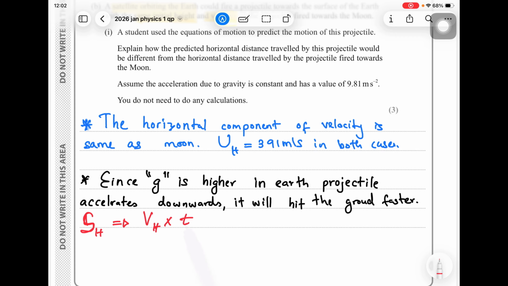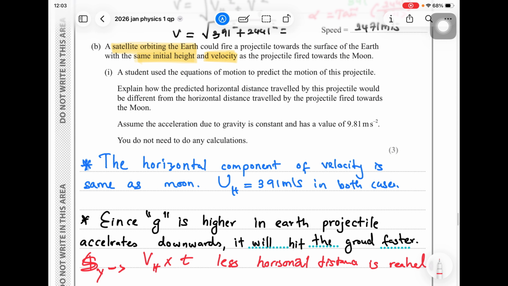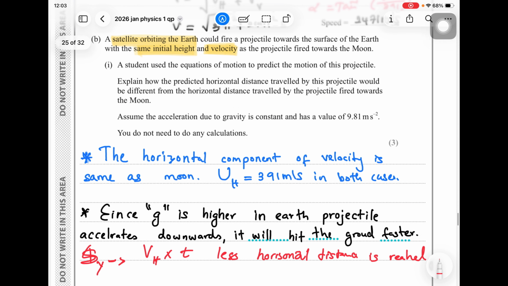So because this time is less, the horizontal distance is reduced. So this is how we say it. So you are telling the 3 points for 3 markers, which are exactly what is required in the marking as well.